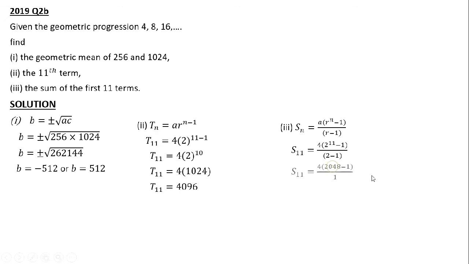Multiply 2 by itself 11 times, you get 2048. Subtract 2048 minus 1, you get 2047. 4 times 2047 will give us 8,188. As simple as that.